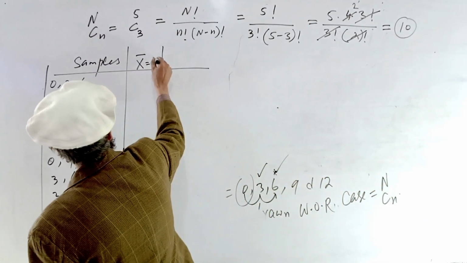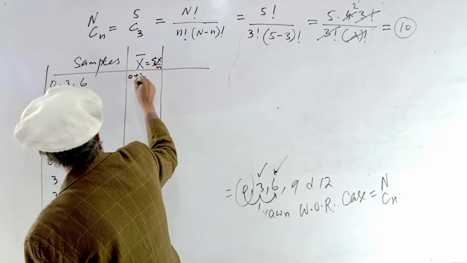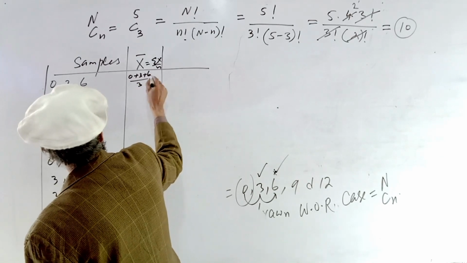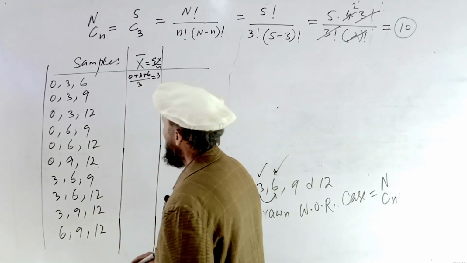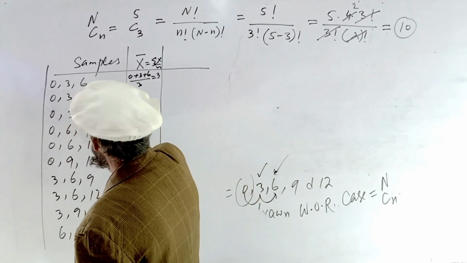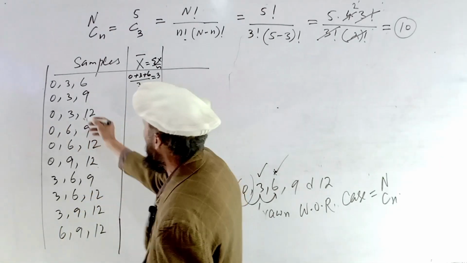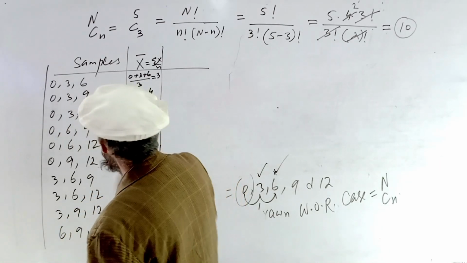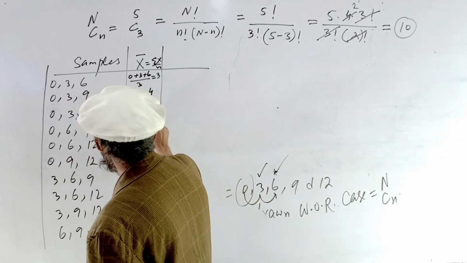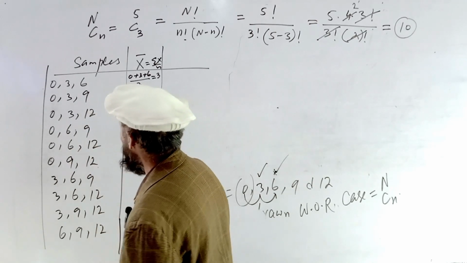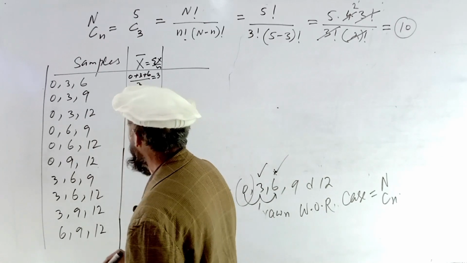The mean is the summation of x divided by n. First, 0 plus 3 plus 6 is 9, divided by 3 gives 3. Then 0 plus 3 plus 9 is 12, divided by 3 gives 4. Next 15 divided by 3 gives 5, again 15 gives 5, and 0 plus 6 plus 12 is 18, divided by 3 gives 6.